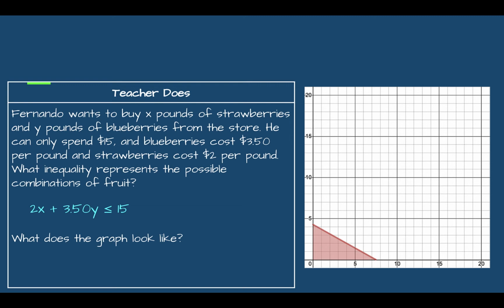I plugged in 2 for X and 2 for Y. 11 is less than 15, so we didn't spend all the money. We're fine. Anything that's in this shaded area works. And because it's a solid line, anything that's on the line also works. The line would just be those totals where you spend exactly $15.